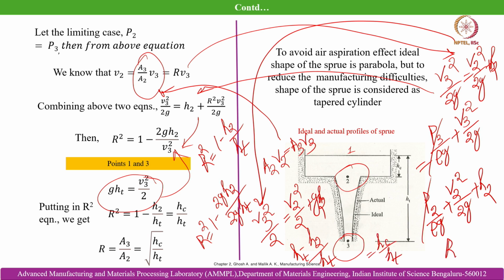That means R square is equal to Hc by Ht, so we get R is equal to root over Hc by Ht.